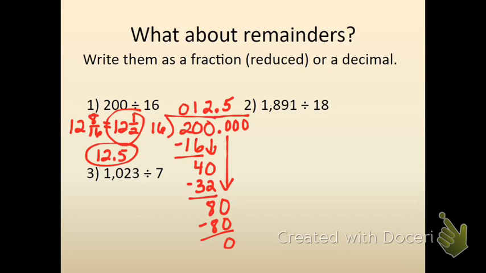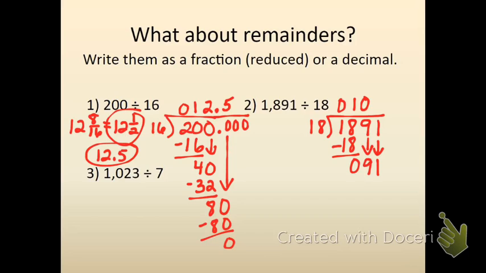Let's do 18 into 1891. Okay, so first of all, we have 18 into 18 goes 1 time. Subtract 0. How many times does 18 go into 9? 0 times. So we bring down our next number, 91. How about 18 into 91? 5 times.